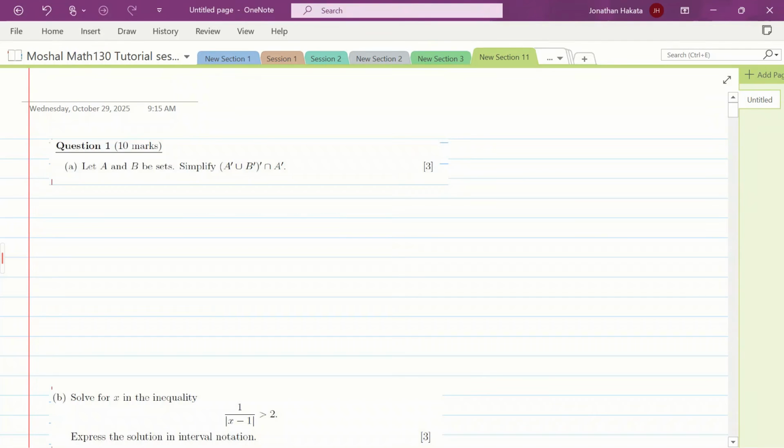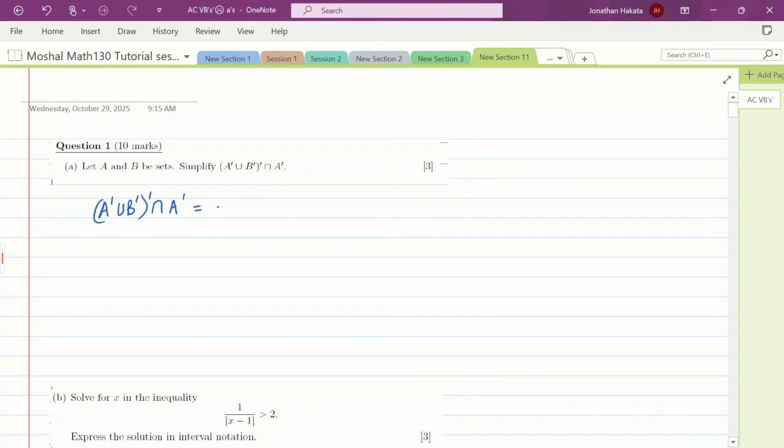So then we are going to say, A complement union B complement, all that complement intersection A complement is equal to, all right? So we just have to distribute this complement that is outside into the bracket.